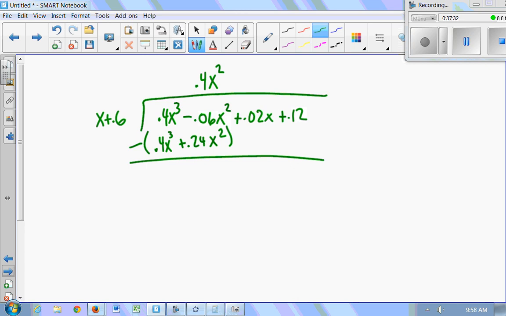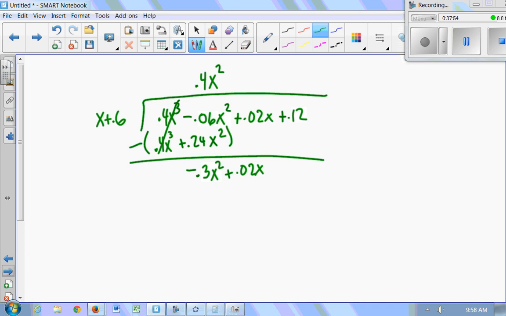Is that right? 0.4 times 0.6? Okay. All right, so these cancel. And then I have negative 0.06 minus 0.24, which I think is going to give me negative 0.3 x squared, bring down the 0.02 x.